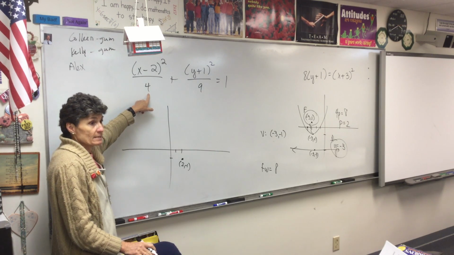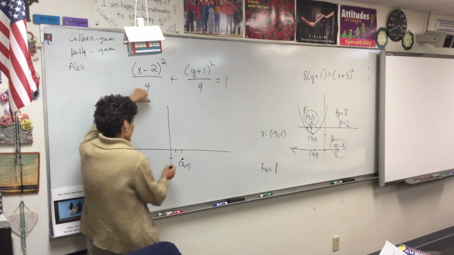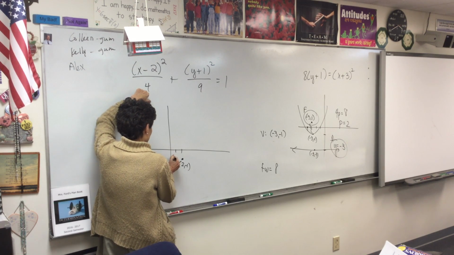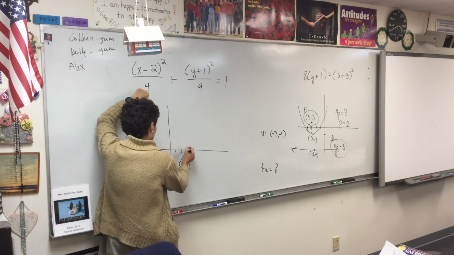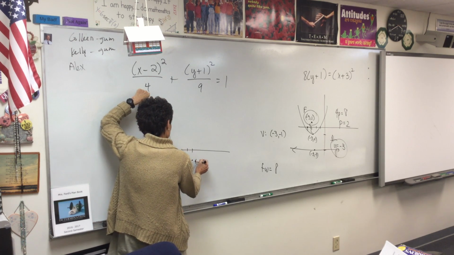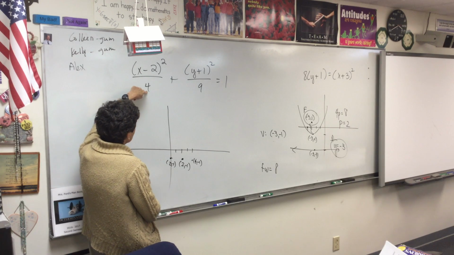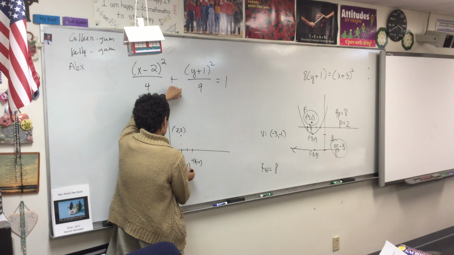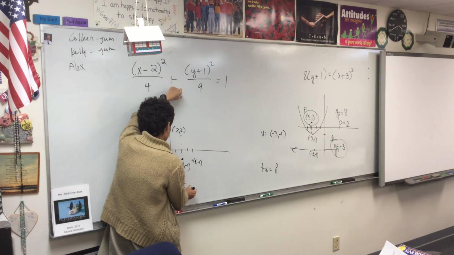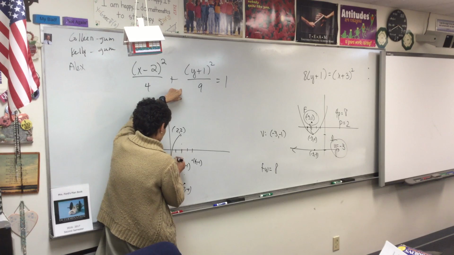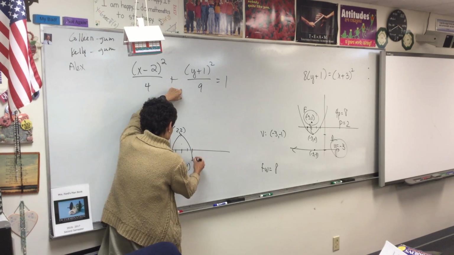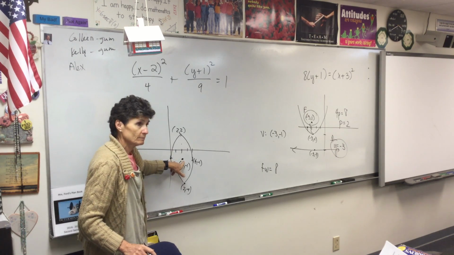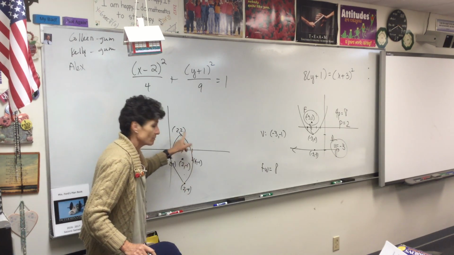That's the V, vertices. So the 4 tells me I'm going to go sideways 2. So I'd be at 0, negative 1, and 4, negative 1. And up 3. So that's 2, 2, and 2, negative 4. So here's my shape. There we go. So there's my center. These 4 points are the vertices.